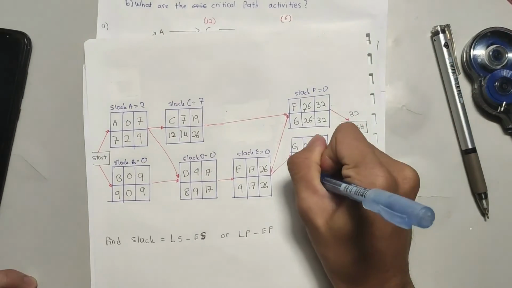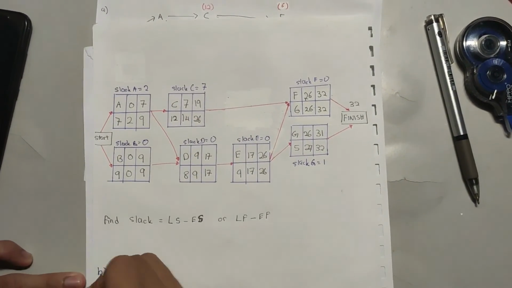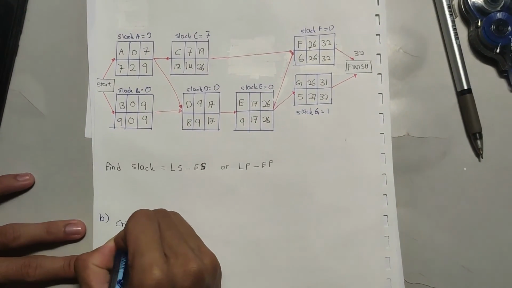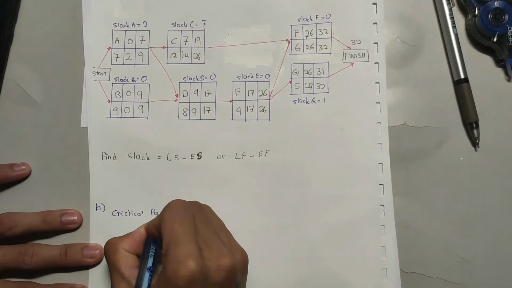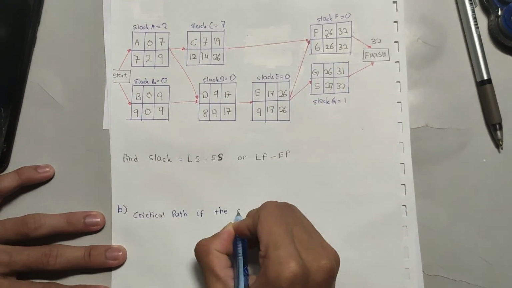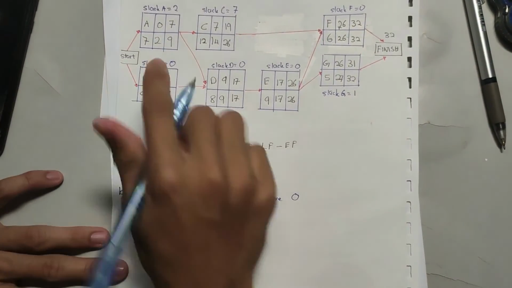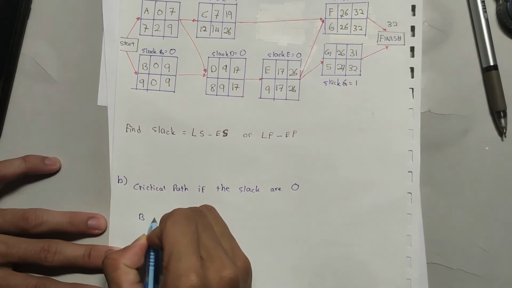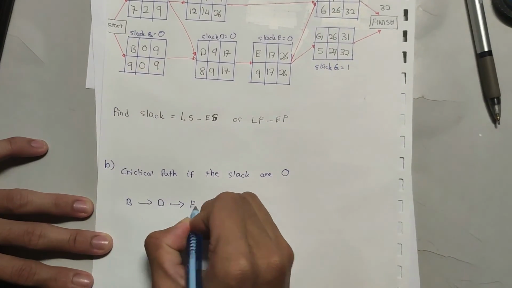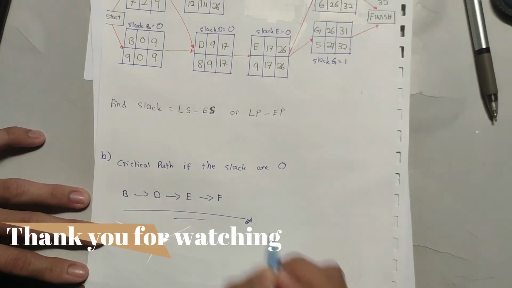Slack F, 0. Now we can find the critical path. The critical path is where the slack is 0. Okay, now the slack is 0 for B, D, E, F. Okay, that is the answer. Thank you for watching.